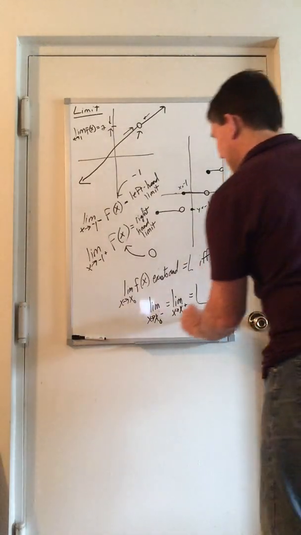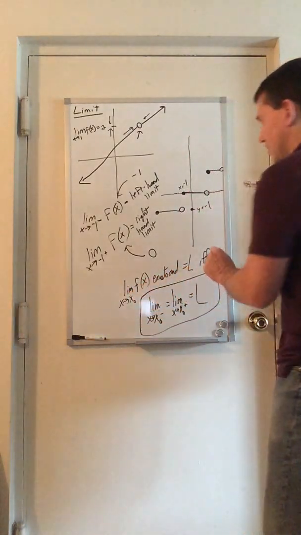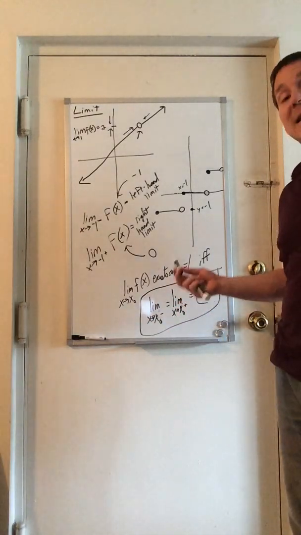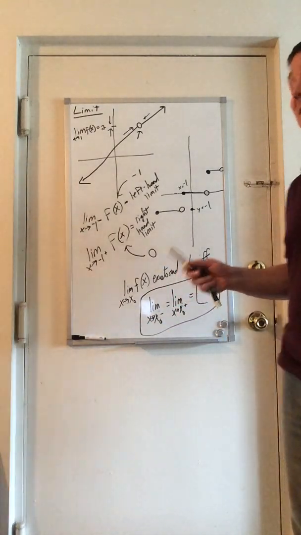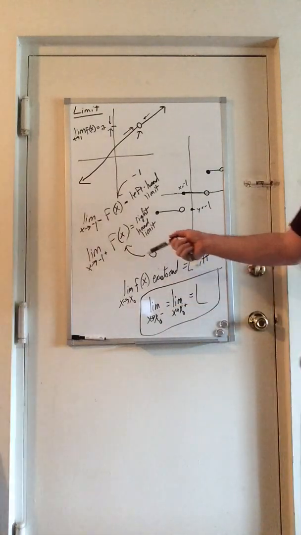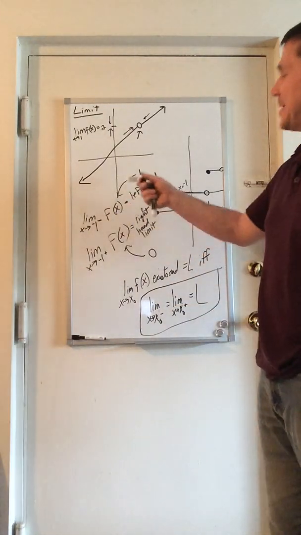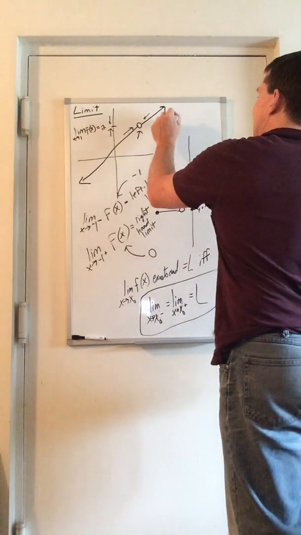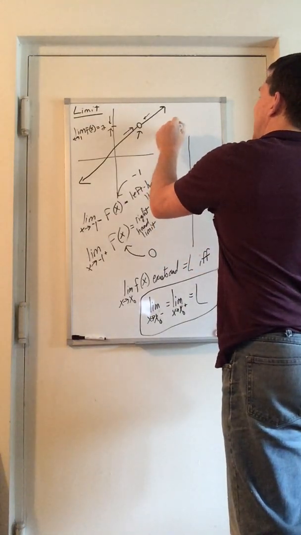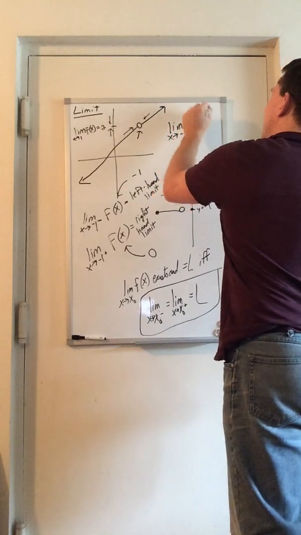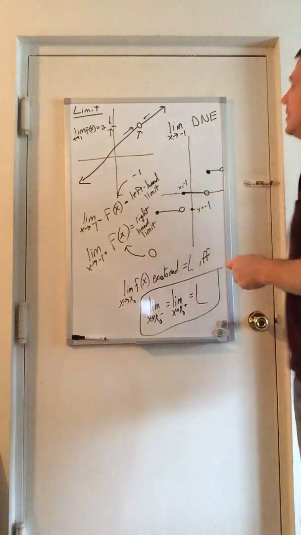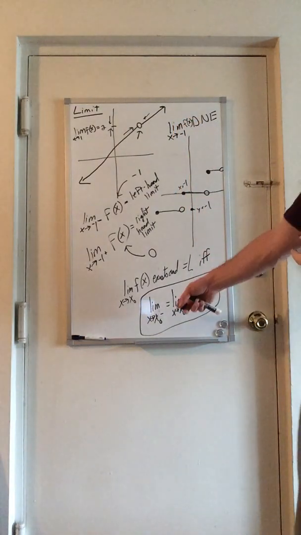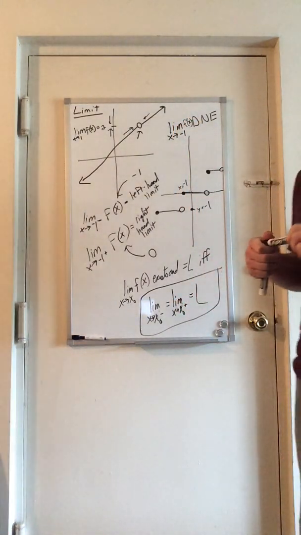So essentially, the only way your limit exists is if the left-hand limit and the right-hand limit exist and they're the same value. In this case, the left-hand limit is -1, the right-hand limit is 0. So we would say the limit as x approaches -1 does not exist for f of x, because the left-hand limit and the right-hand limit are not the same.